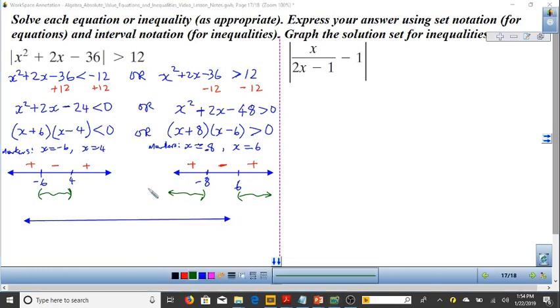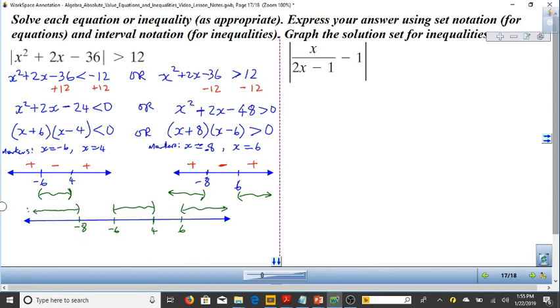I'm going to call this my preliminary number line because it's not my actual graph. So we have negative 8, negative 6, positive 4, and positive 6. And this says we are shading between negative 6 and positive 4. This says shade to the left of negative 8 or to the right of 6. So those regions that are shaded, it turns out this can be my graph.